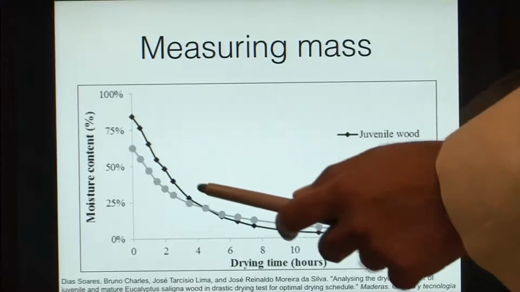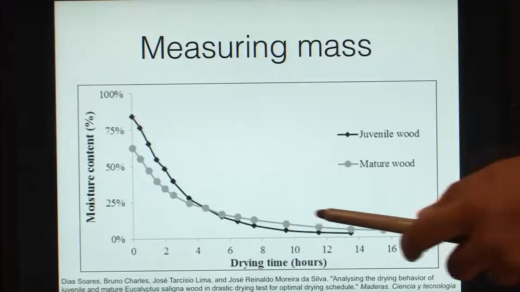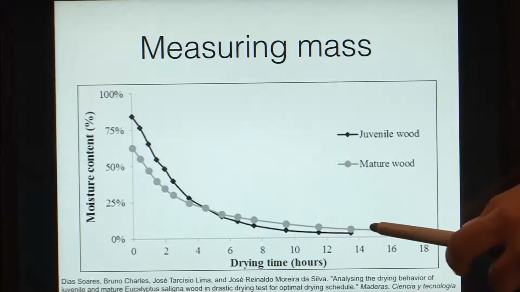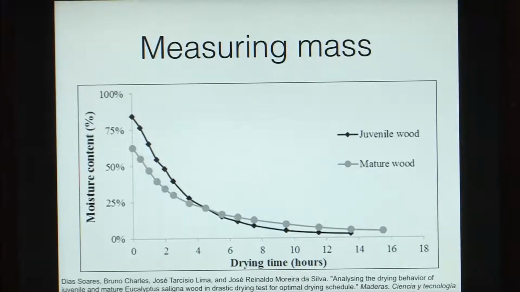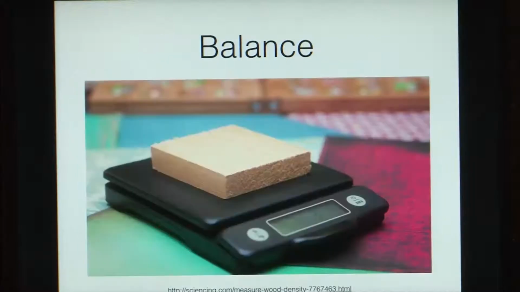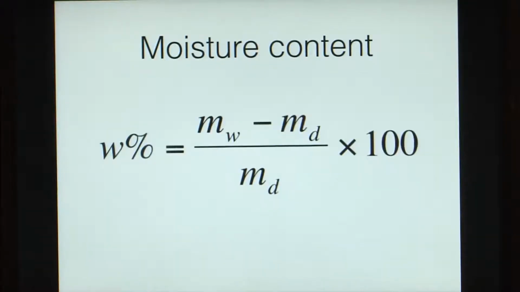As we can see, the moisture content goes on reducing with time, and ultimately it reaches a point where the two readings are roughly similar. At this point we say that the wood has been completely dried. So, we can take the mass of the sample of wood when it is in the fresh condition and also when it is in a dry condition. When we do that, we can calculate m, and from these two readings we can calculate the moisture content of the wood.